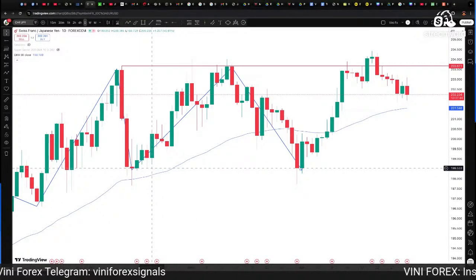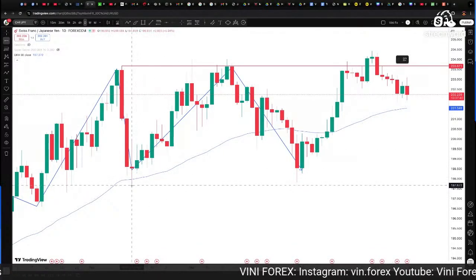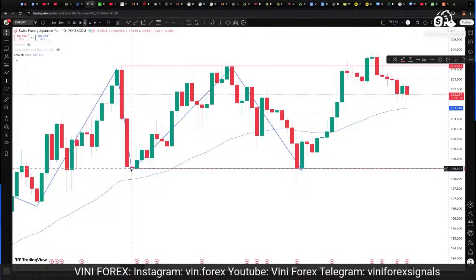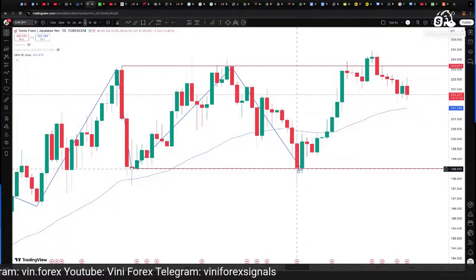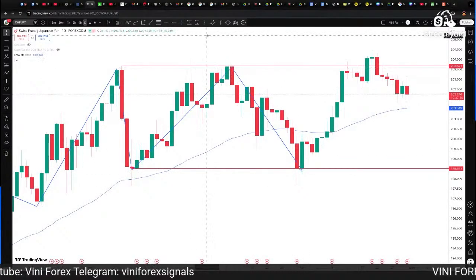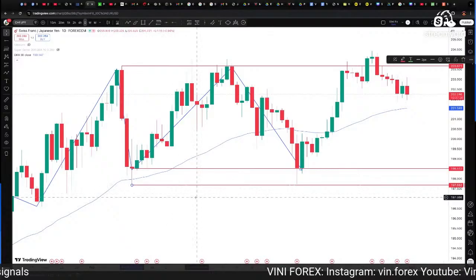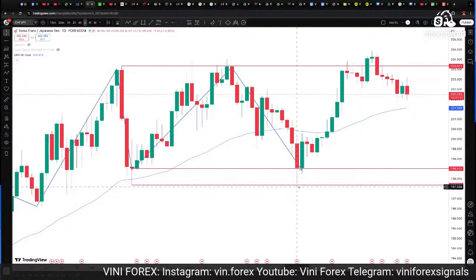Then come down again to the bottom. Use the body. This is the low. They are equal, just as this one. If you use the wick, the wick just came to touch it a little bit.